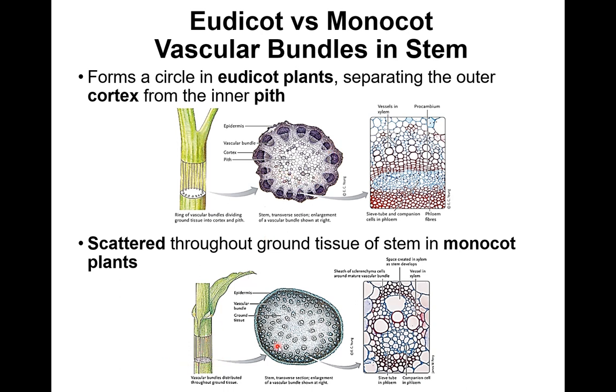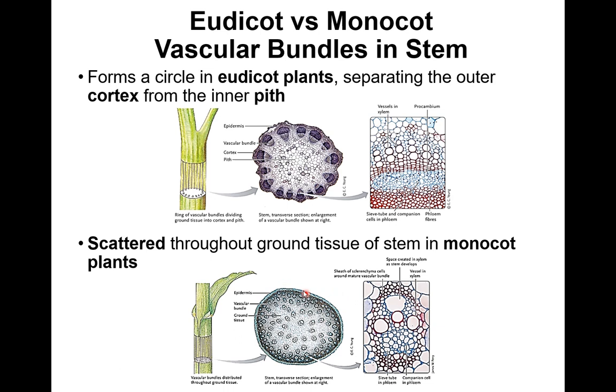And this is how a cross section looks in a monocot plant. These are the vascular bundles. As you can see, in eudicots, the vascular bundles are nicely organized in a ring structure here. This ring structure determines the separation between what is called the cortex, this tissue here, and the pith, this tissue inside. So you can clearly see a pith inside these plants.